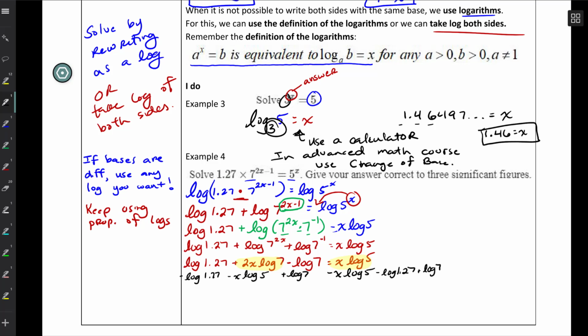So now what we should recognize is that on the left-hand side, the only things we have left are the 2x log 7, and then on the other side, we moved over that negative x log 5.